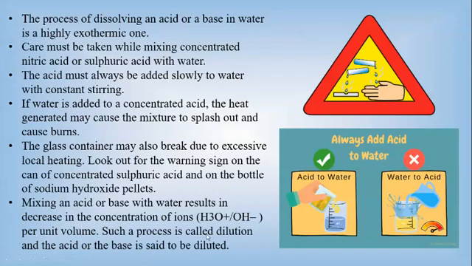When concentrated acid or base is added to water, the concentration of H plus or OH minus ions goes on decreasing, and it becomes a diluted acid or diluted base.